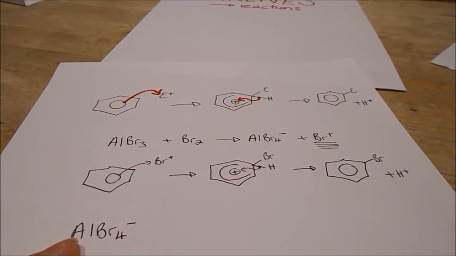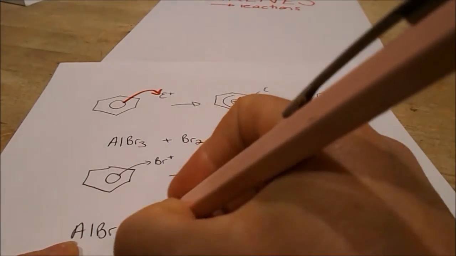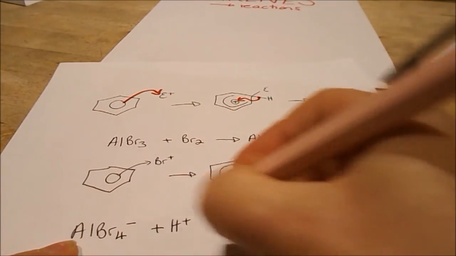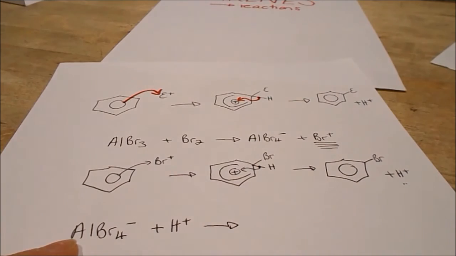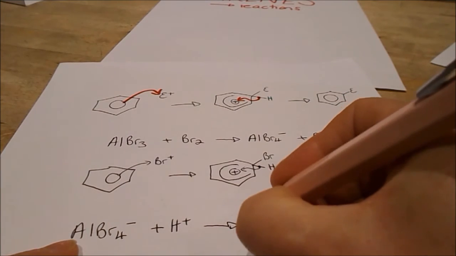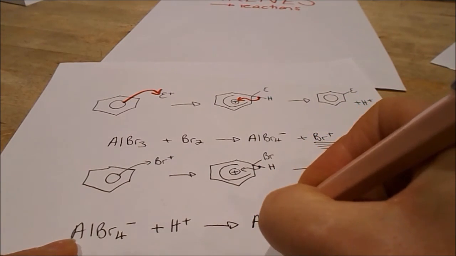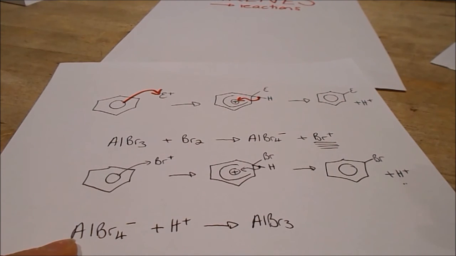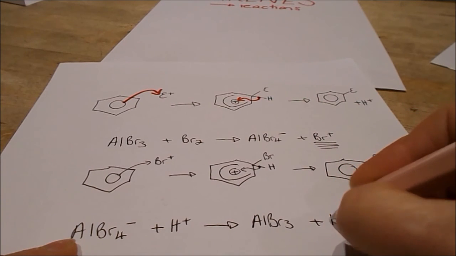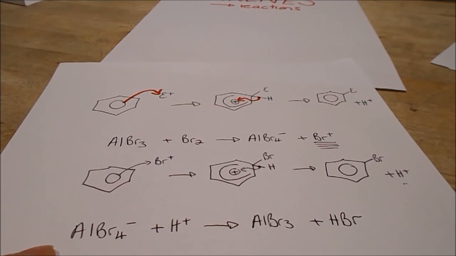Our AlBr4- can react with the H+ ion formed during our mechanism stage, and that gives us AlBr3, so we've got the catalyst regenerated, plus HBr.